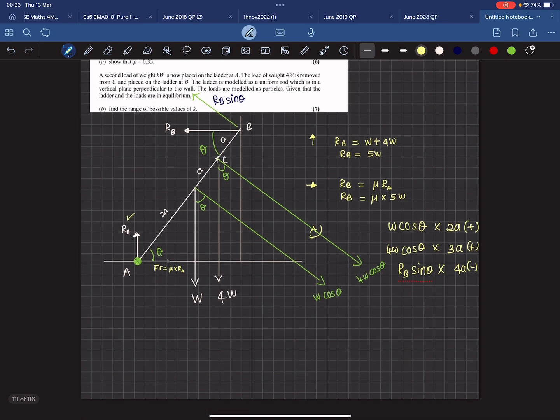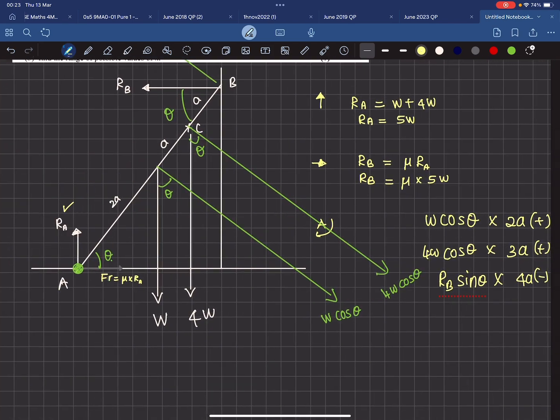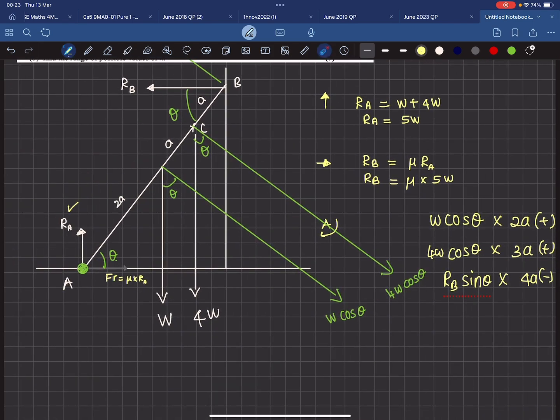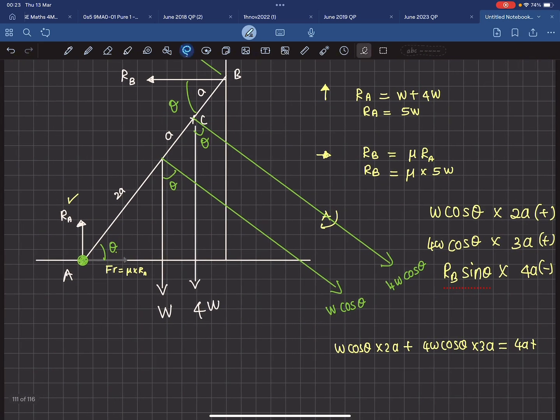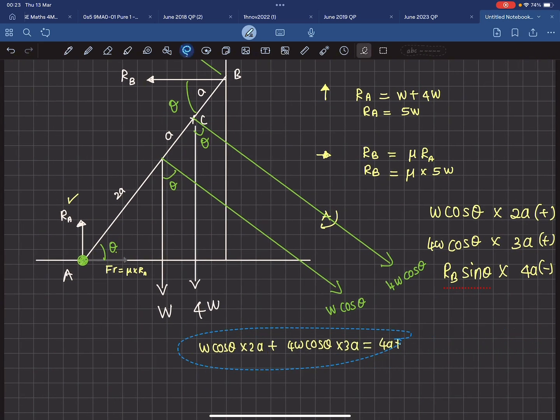I just need to solve these equations. So I'm going to start solving the moments first, this one. So let's start with that. W cos theta times 2a plus 4W cos theta times 3a equals 4a times RB sine theta.